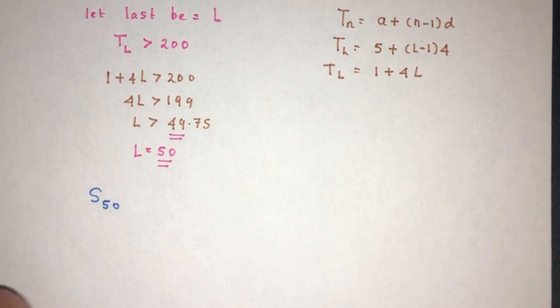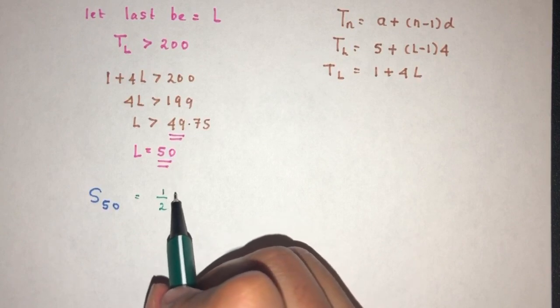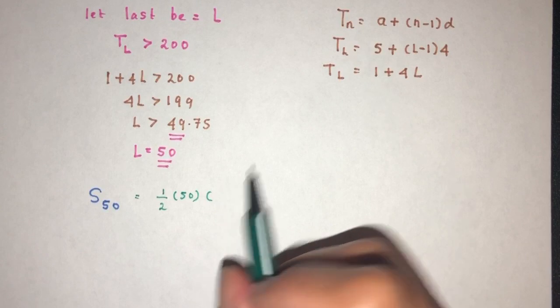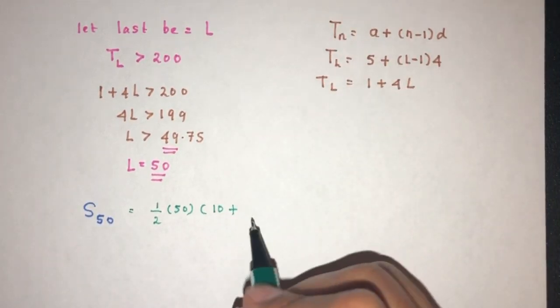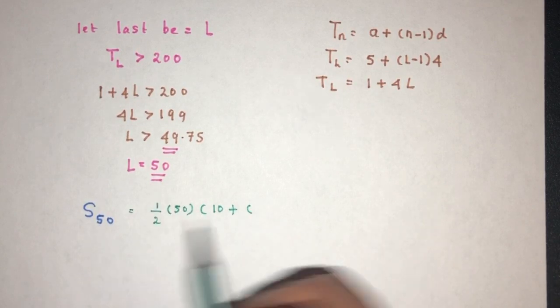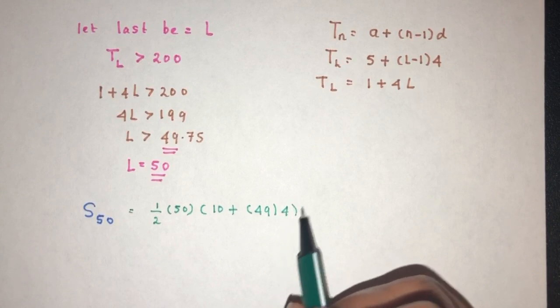So pretty easy again. We just use the formula we know already, which is half times the value of n, which is 50, times 2a. 2 times a is 2 times 5, which is 10, plus the value of n minus 1, n is 50, minus 1 is 49, times d, d is the value of 4.